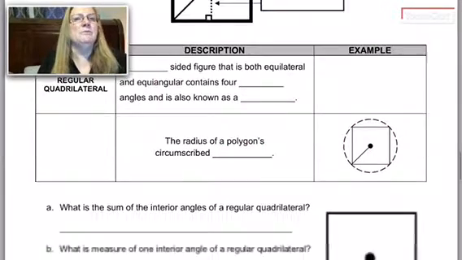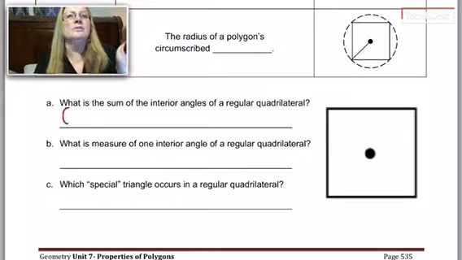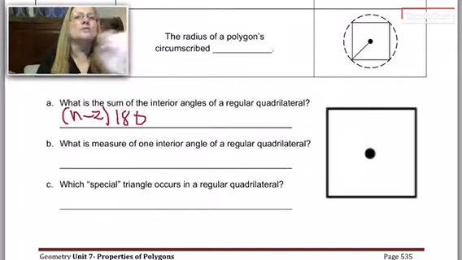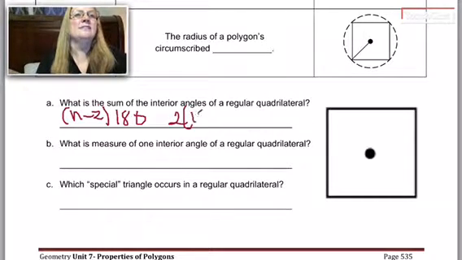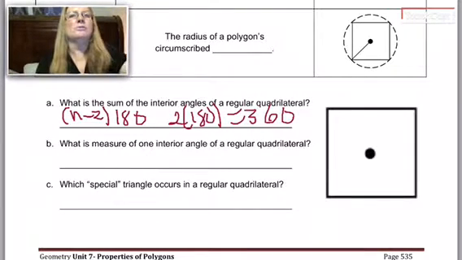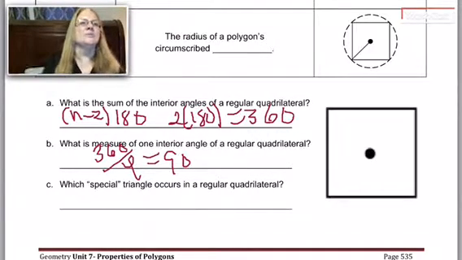So if we do the same thing we did before, the sum of interior angles of a regular quadrilateral is (n minus 2) times 180, or 4 minus 2, 2 times 180, is 360. And then what is the measure of one interior angle? Well, 360 divided by 4 is 90. So we know that the interior angles are 90 degrees.